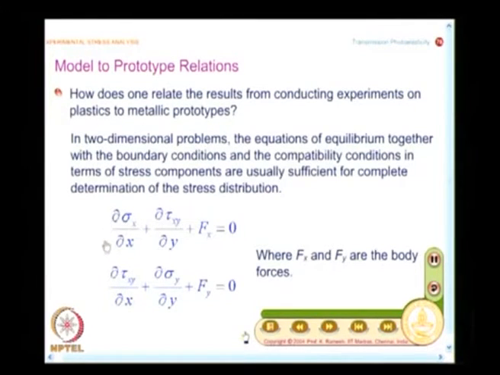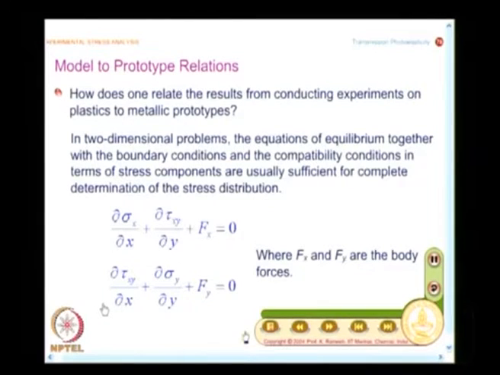Does this expression have any elastic constants? This expression does not have any elastic constants. When this expression does not have any elastic constants, you do not need variation between a plastic and aluminum to behave when you satisfy this condition. So, the equilibrium condition does not have elastic constants, fine.